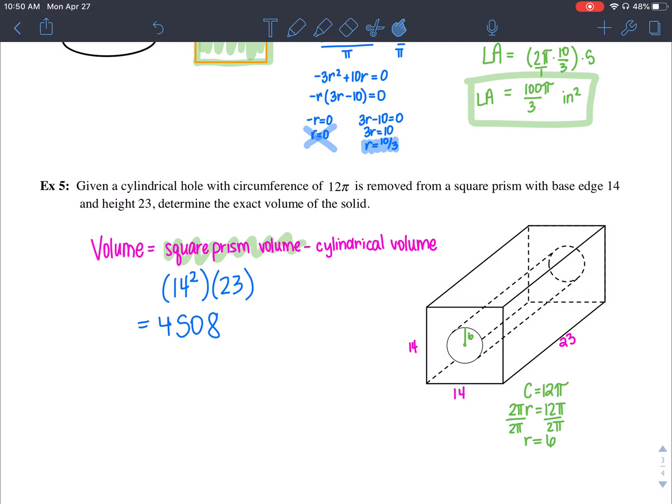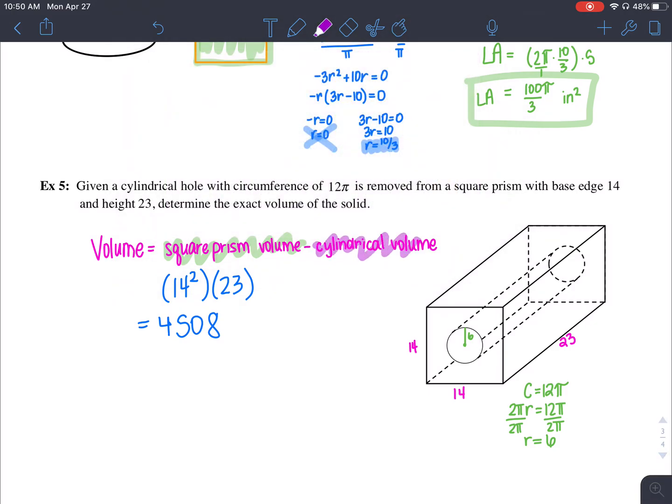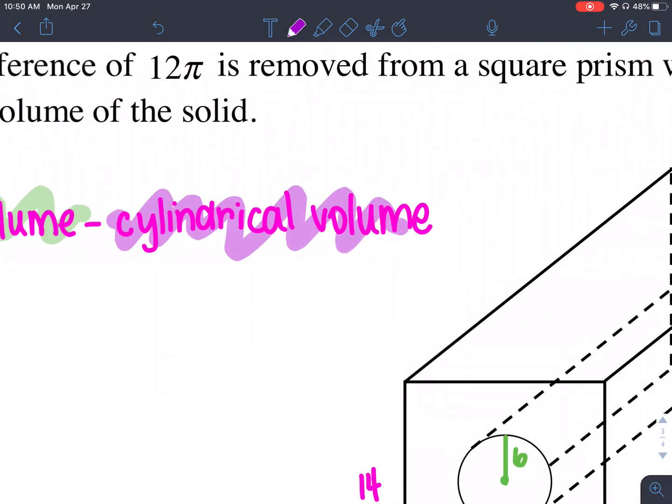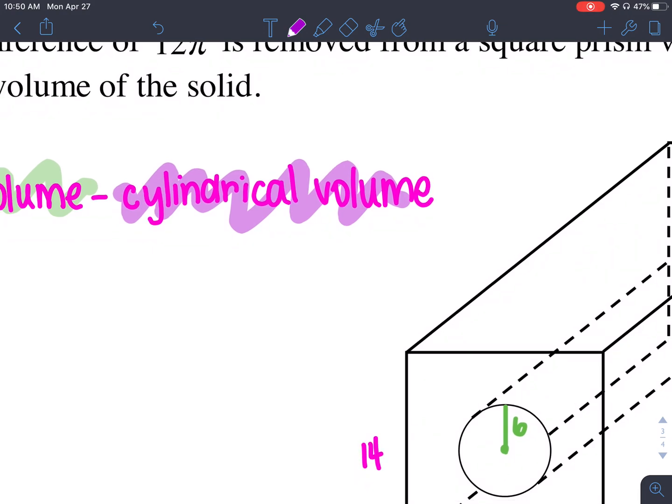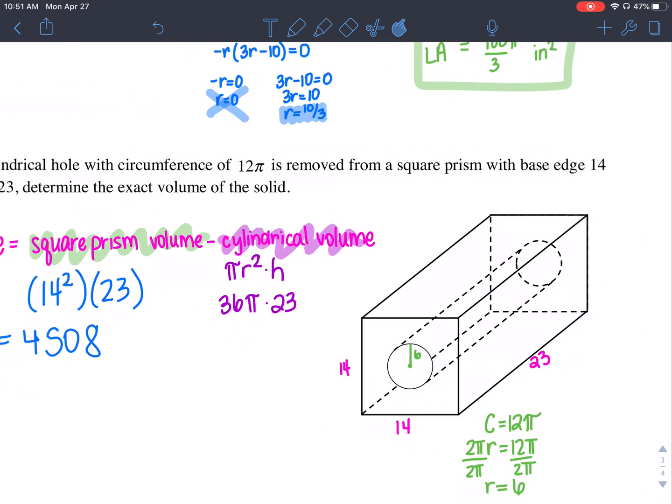Okay. Then I'm going to go ahead and find the volume of my cylinder. So the volume of the cylinder is still the area of the base times the height. The area of my base is now a circle, so that's pi r squared times my height. I found that my radius was 6, so 6 squared is 36, pi times my height, which is still 23.